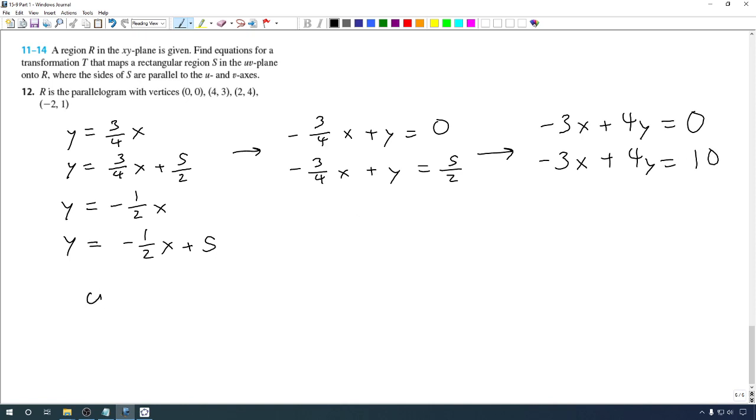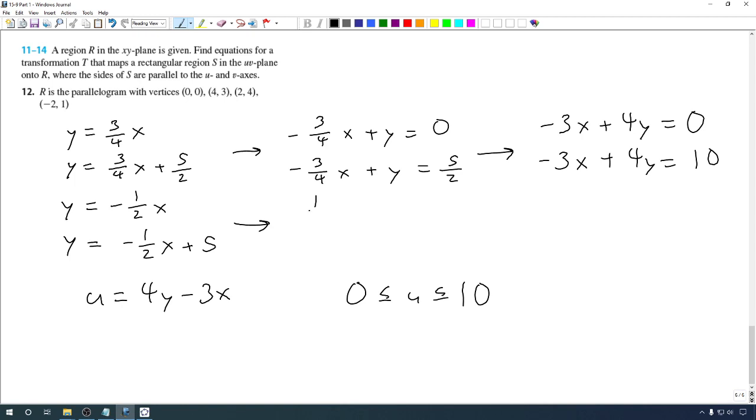So if I set u equal to 4y minus 3x, just putting the x at the back, then what we have here is that this variable u goes from 0 to 10 on the boundaries.